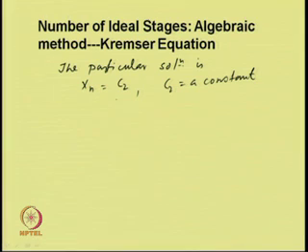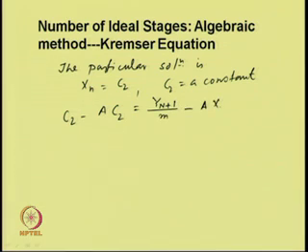Now, if we substitute both these things in the original equation, we have C 2 minus A C 2 will be equal to y n plus 1 divided by m minus A x n.